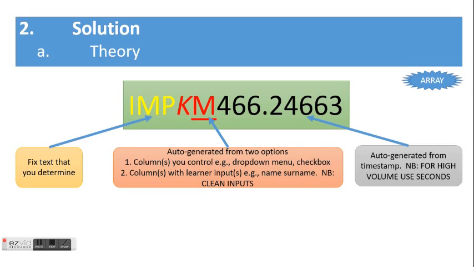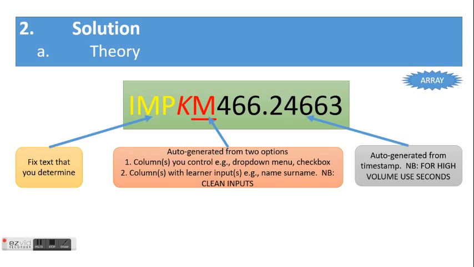But in our case, we think that having two letters, one auto-generated, maybe from the name or the surname, will be enough because it is highly unlikely that people will submit at the same second, microsecond, because the number is so long, and that the letters will necessarily have the same letter starting the name and the surname. It all depends on you.